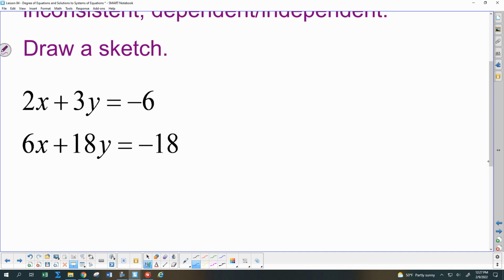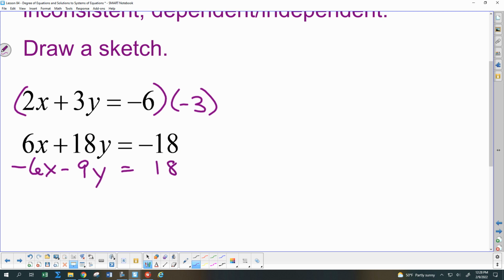Which one should I multiply by what? So I'll multiply the top one by -3 and make sure I get this right. -6x minus 9y is plus 18. Did I do that right? And so now let's solve that. The x's go away. 9y is 0. So what's y?